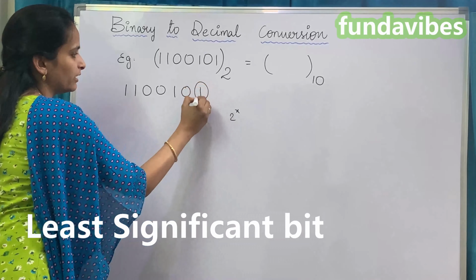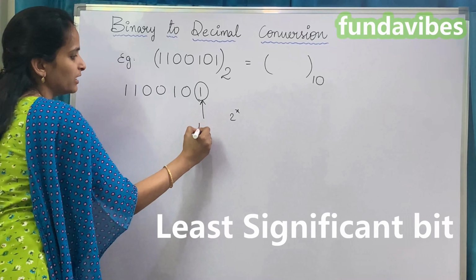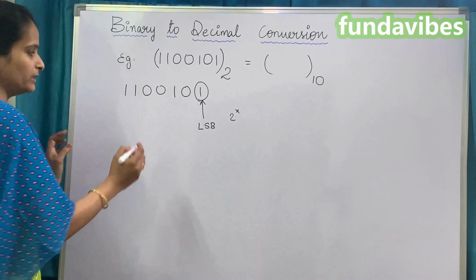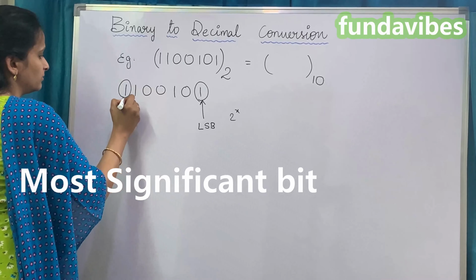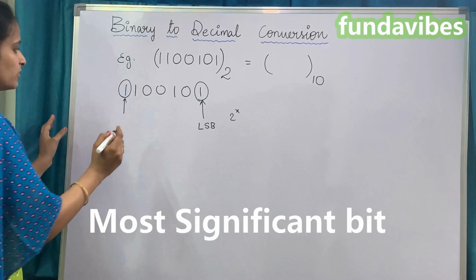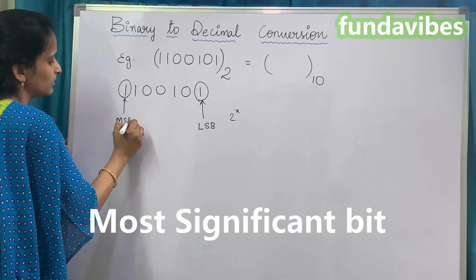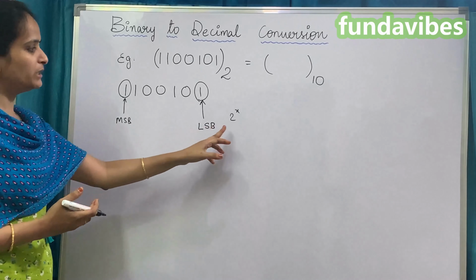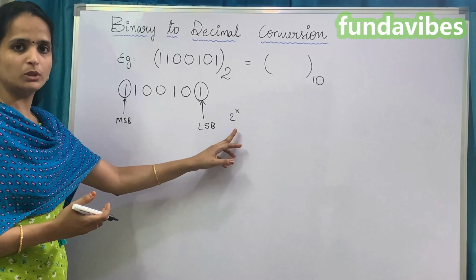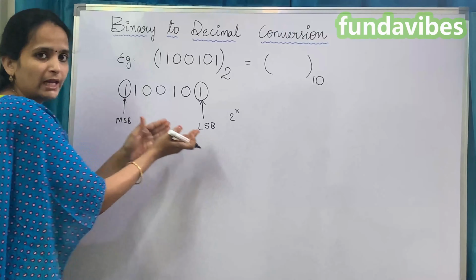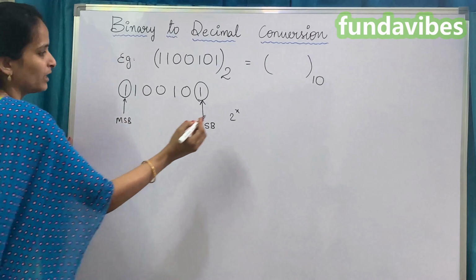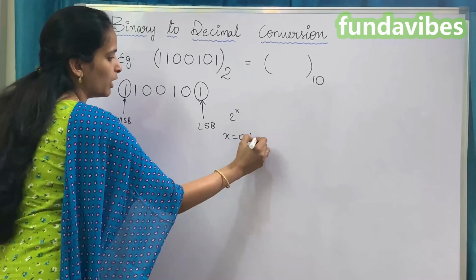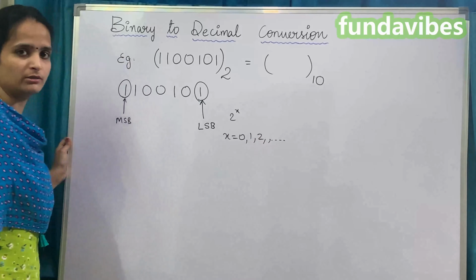The rightmost bit is called the LSB, the least significant bit, and the last bit, the left hand side bit, is called the most significant bit. So in this process, we will multiply each and every bit with 2 power x, starting from LSB to MSB, where x is equal to 0, 1, 2 and so on.